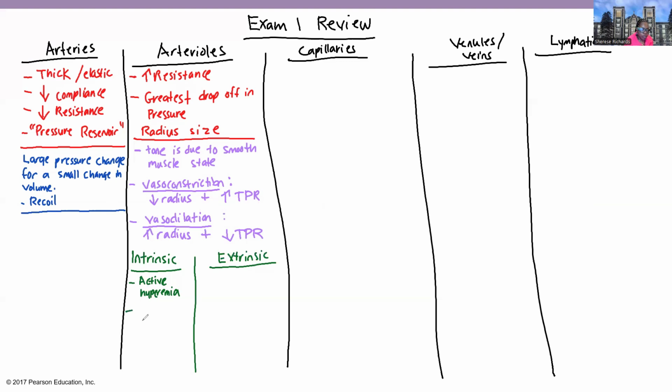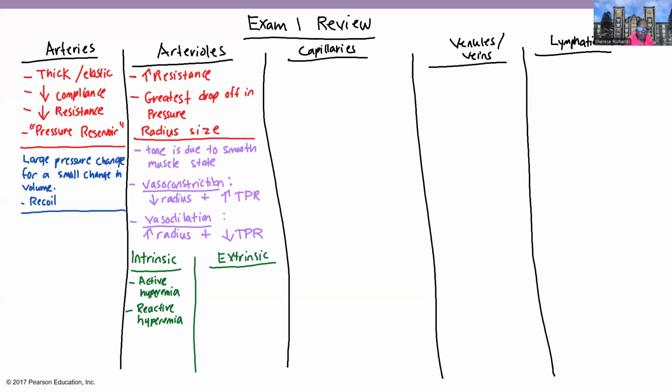The second one was reactive hyperemia. Reactive hyperemia was in response to an obstruction. So a previous obstruction that has now been cleared, now we're going to have this reactive response where we increase flow for that reason.